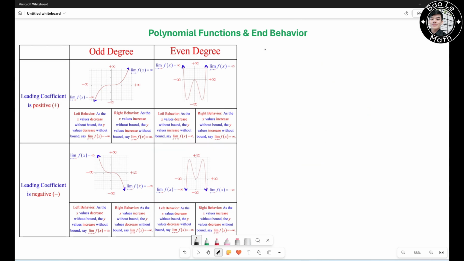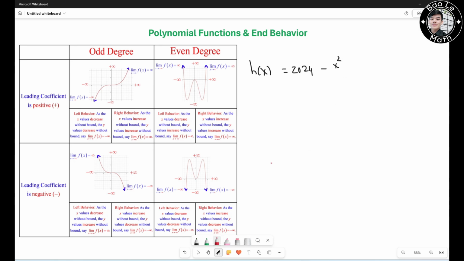Now let's take a look at another example. For example, if I have a function h of s is 2024 minus s to the power 2.